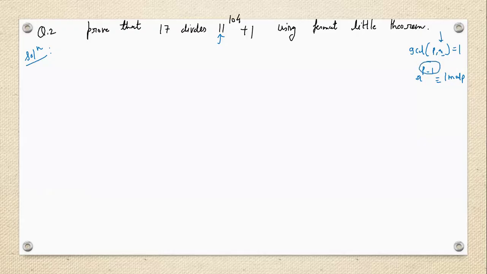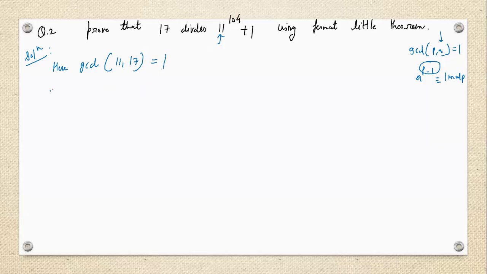Okay. So here it is mentioned that 11 to the power 104 is present here. It means that we have to use 11 as a. And so we can say that GCD of 11 comma 17 is equal to 1.